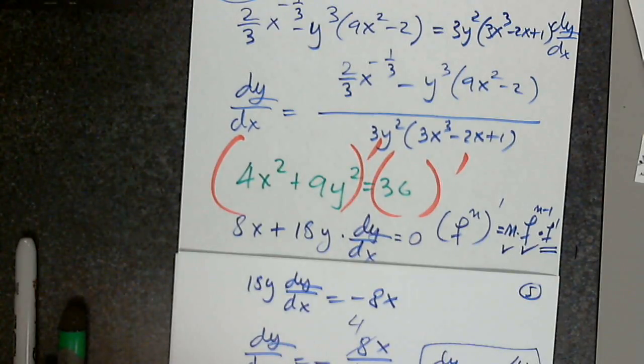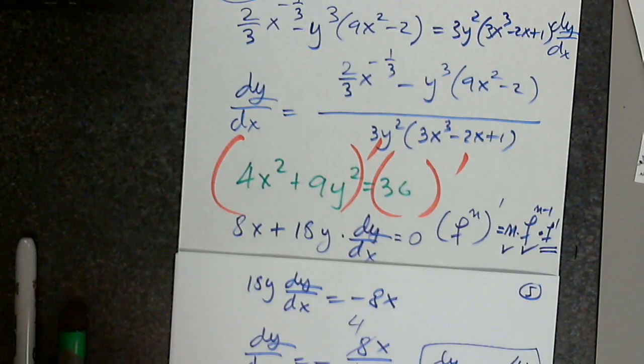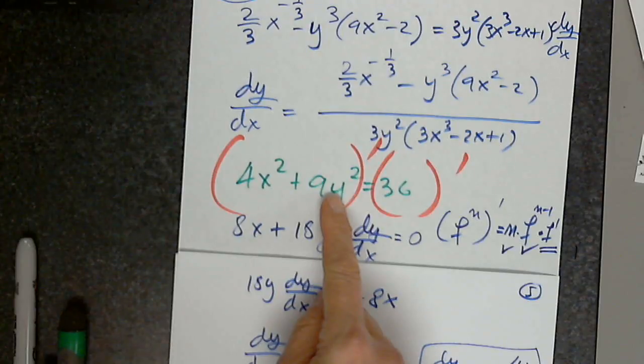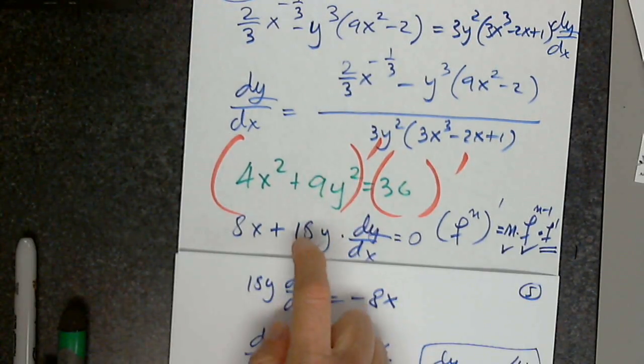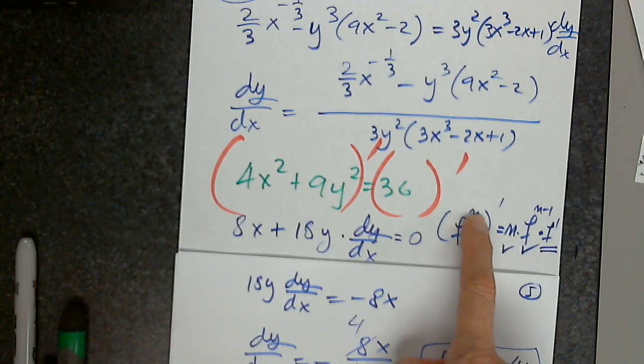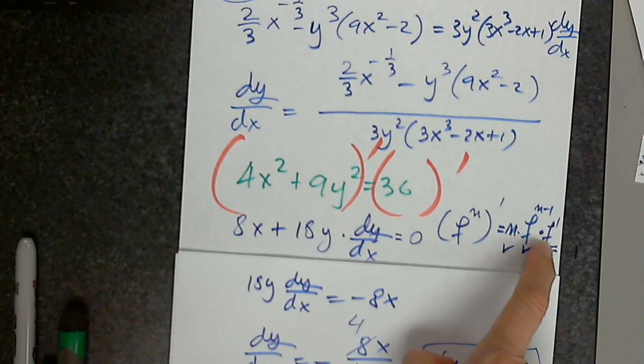X is the independent variable, y is the function. So when I say here 8x, I should write times x prime, but x prime is 1. But this is a function that I don't have. So 9y squared prime is 18y times dy over dx. I have to use this chain rule combined with the power rule. So a function raised to a power is the power times the function to the power minus 1 times the inner function prime.